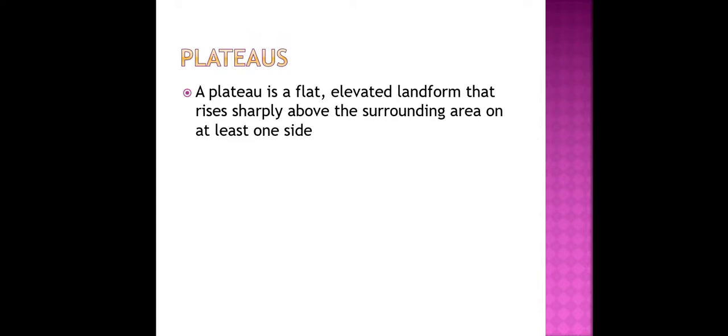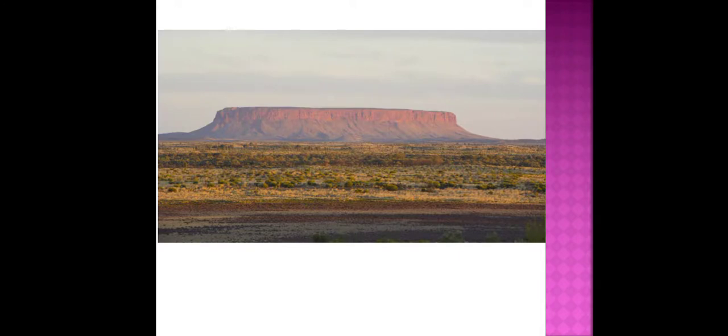For example, the Deccan Plateau in India, the African Plateau, and the Tibetan Plateau. The Tibetan Plateau is the highest plateau in the world. As you can see in this picture, it is a flat, elevated land that rises above the surrounding area. So, this is a type of plateau.